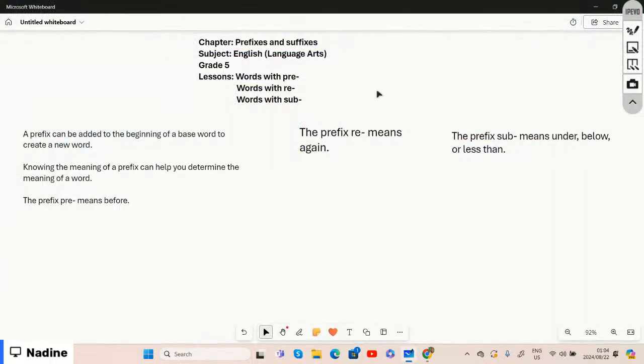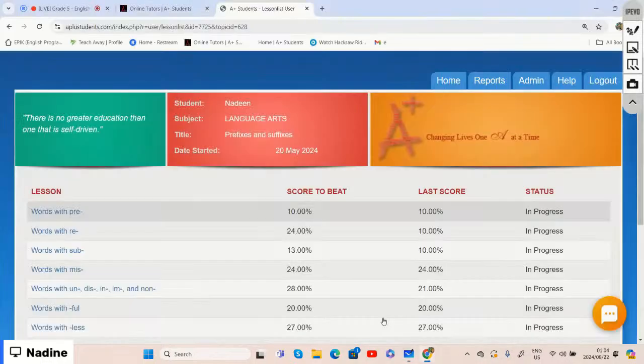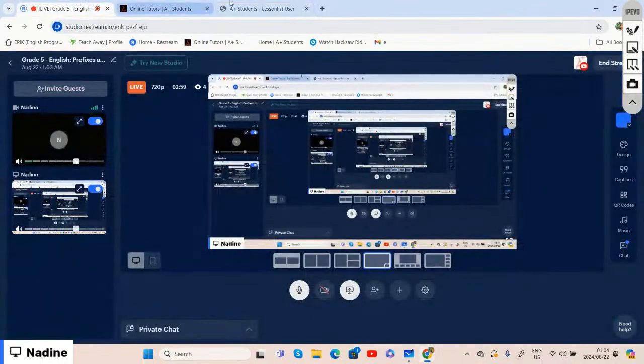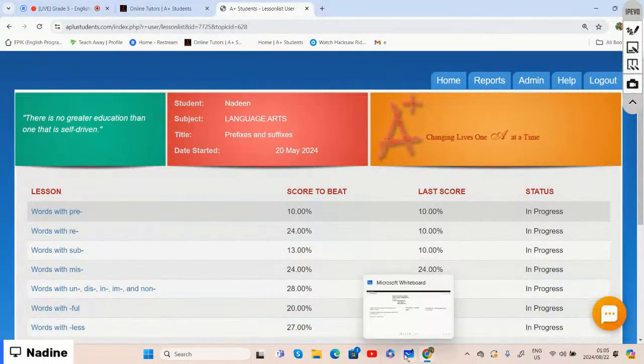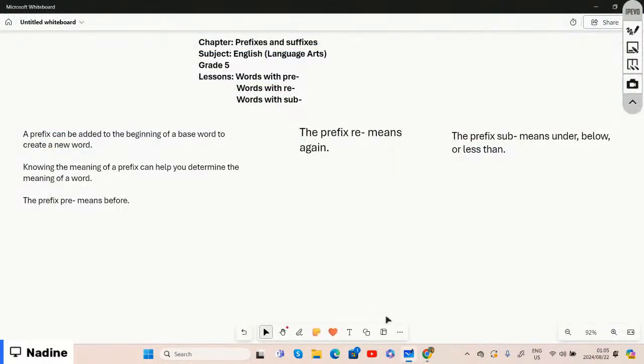So the chapter is prefixes and suffixes, our subject is English Language Arts, grade 5, and the lessons that we are focusing on are words with pre, words with re, and words with sub.